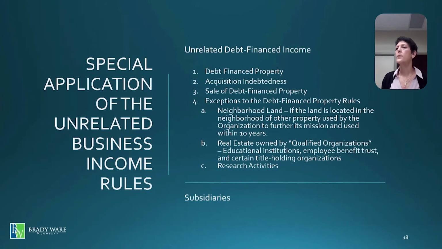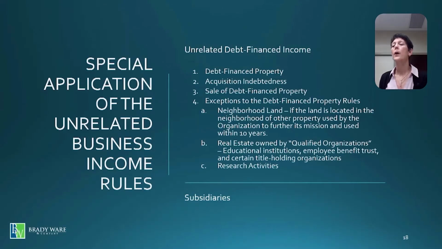The other special application of UBIT is that an organization can go through that three-prong test, and it may come down to having an activity that needs to be fragmented.